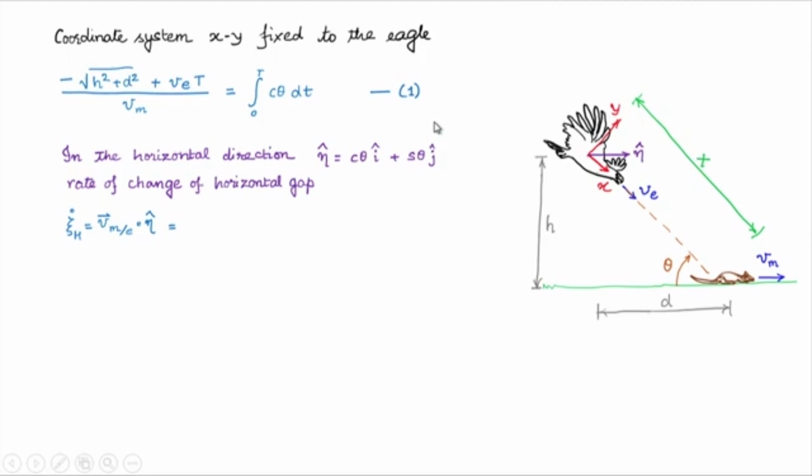So, with that idea, I find out the rate of change of horizontal gap, which is xi h dot. I represent that horizontal gap as xi h, and xi h dot is the rate of change of that horizontal gap, which must be equal to the relative velocity of the mouse with respect to the eagle, which we have just now discussed, dot eta cap.